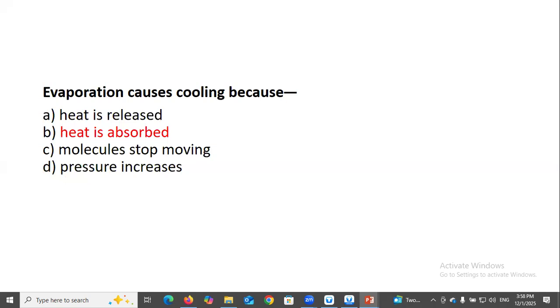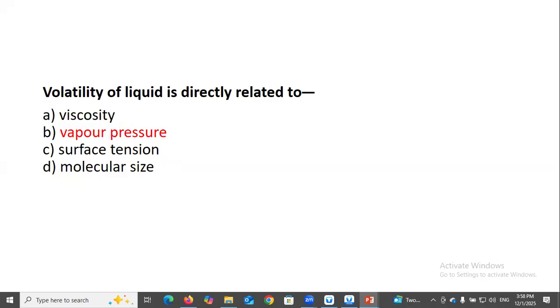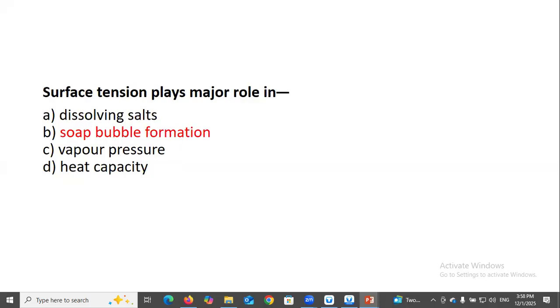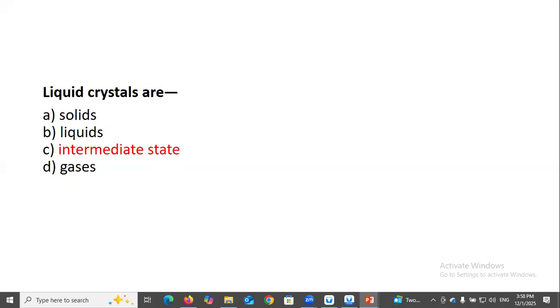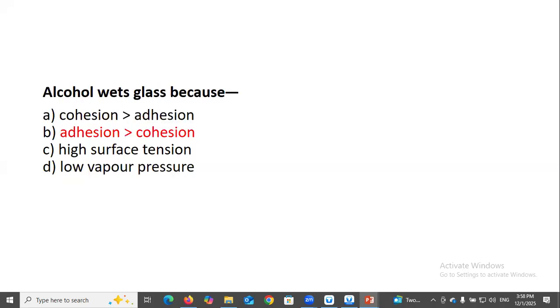Evaporation causes cooling because heat is absorbed. Volatility of liquid is directly related to vapor pressure. Surface tension plays major role in soap bubble formation. Liquid crystals are intermediate state. Alcohol wets glass because adhesion force is greater than cohesion.